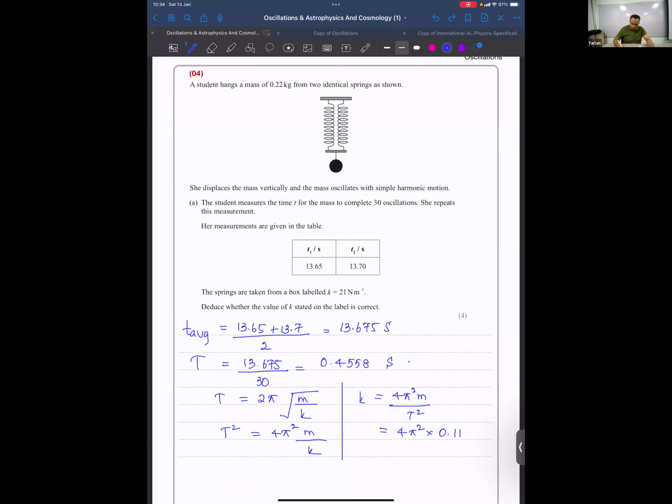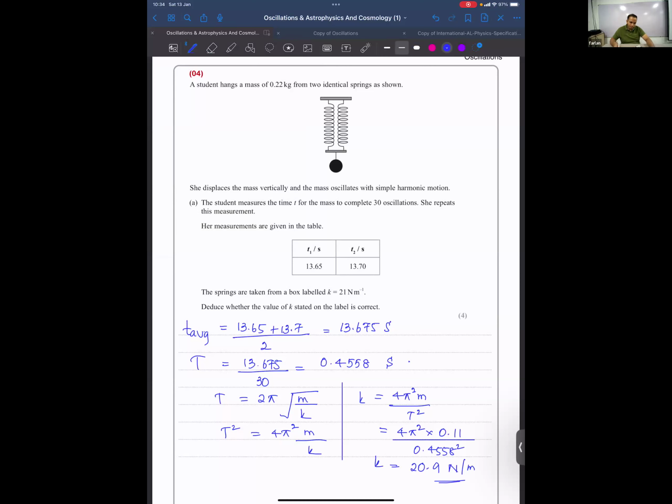That is 0.11 divided by the time period 0.4558 squared. So that's going to be 20.9 newtons per meter. That is the calculated value for k.